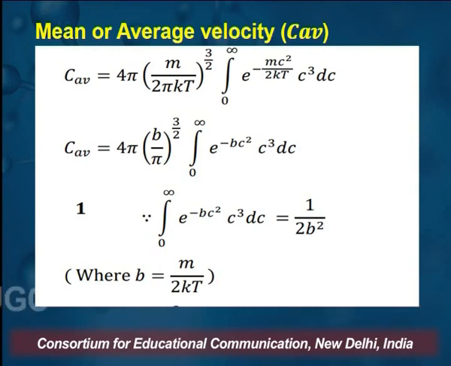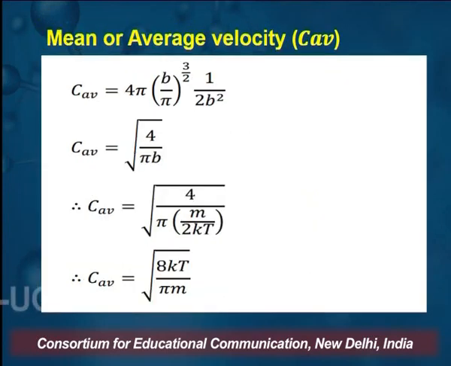The expression then takes the value C average is equal to 4 pi (b by pi) raised to the power 3 by 2 integral 0 to infinity e raised to minus b c square into c cube dc. Now, the integral of e raised to minus b c square c cube dc from 0 to infinity is 1 by 2 b square, as everyone knows.